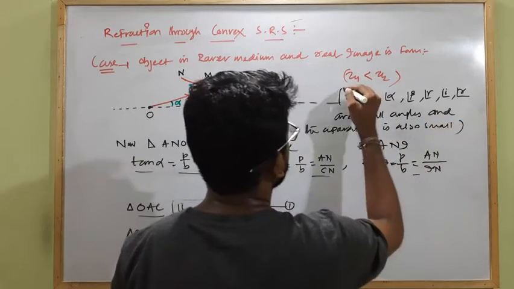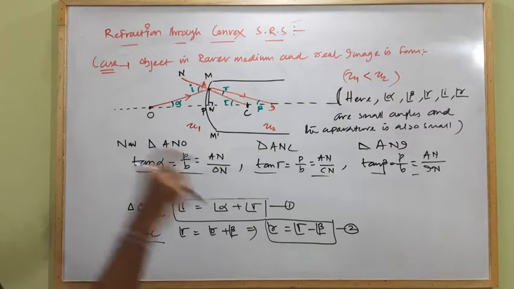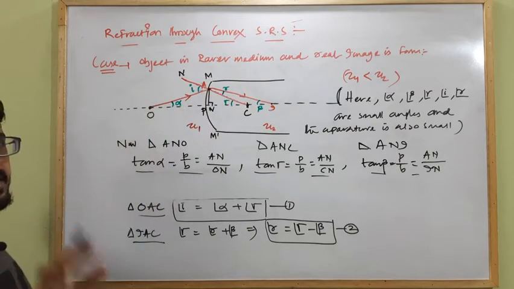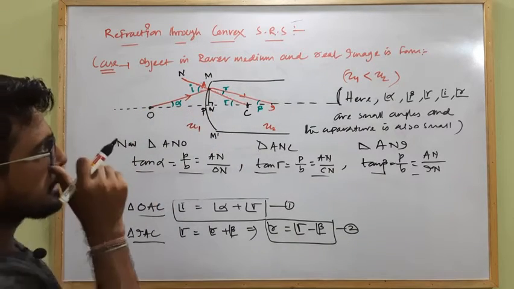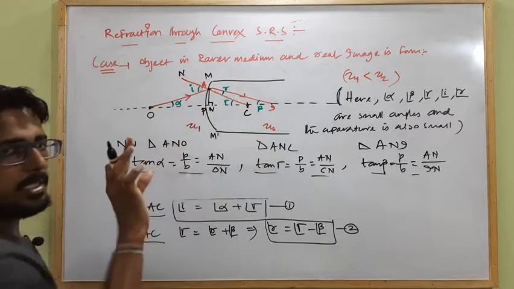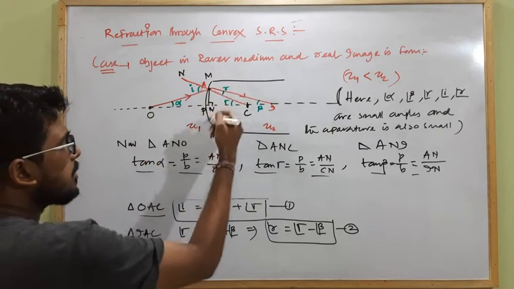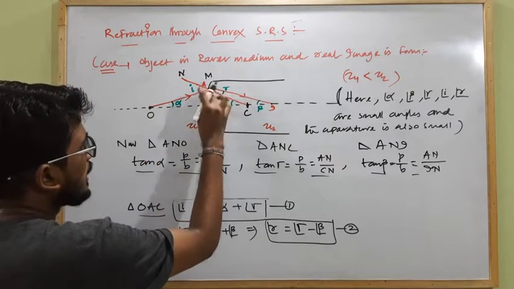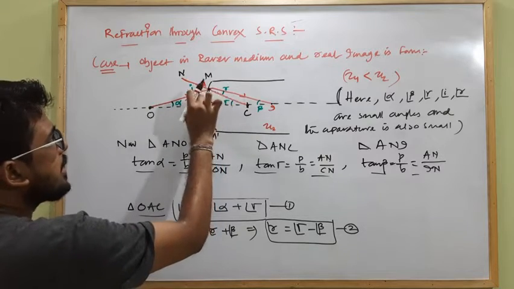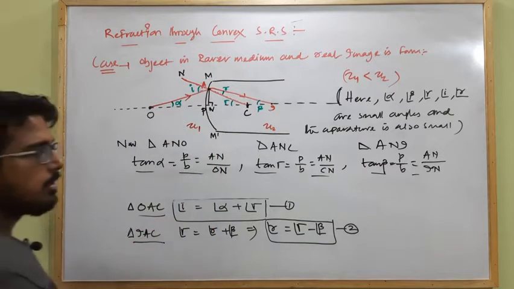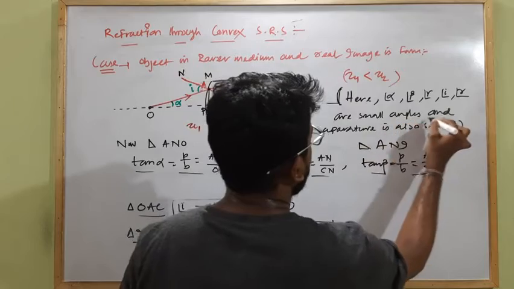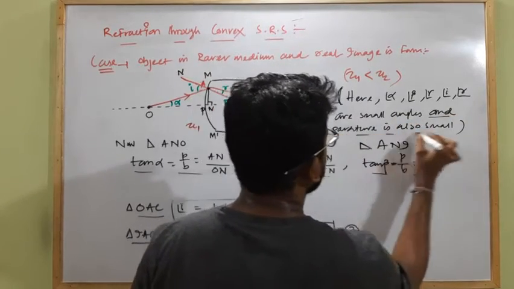This is the condition for this spherical refracting surface, because all the rays are paraxial rays. So if all the rays are paraxial rays, then all angles are very small, and as the aperture is very small, the perpendicular AN is very nearly equal to AP. Clear? So here the angles are very small and the aperture is also small.